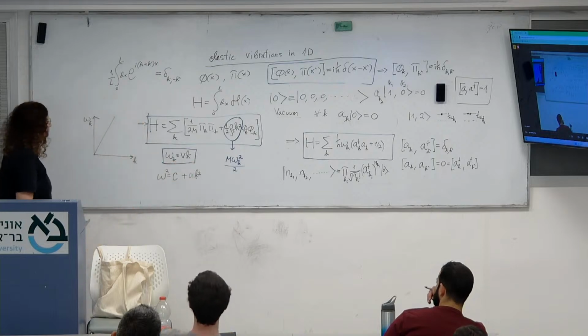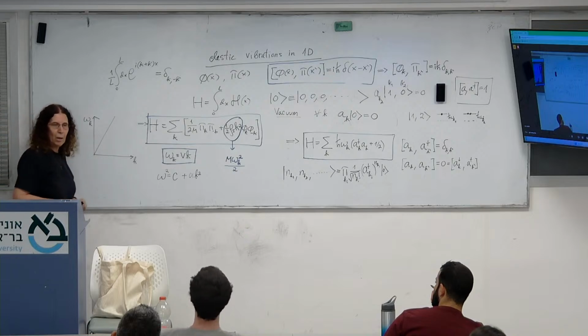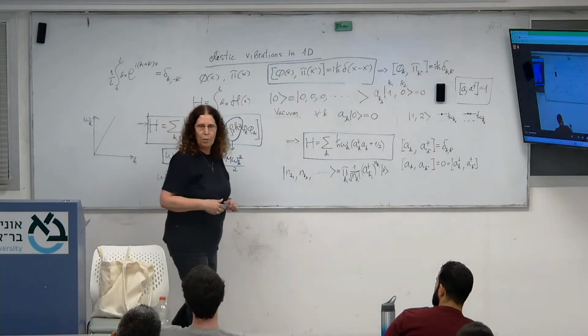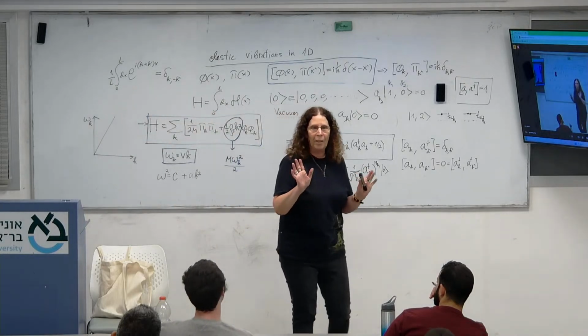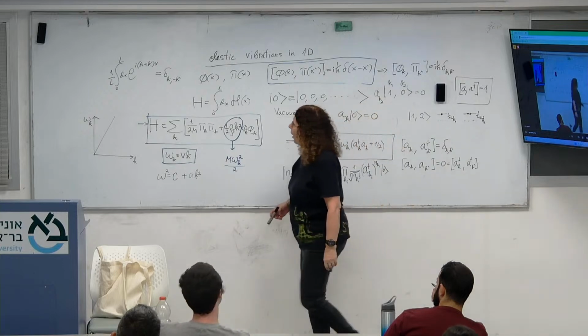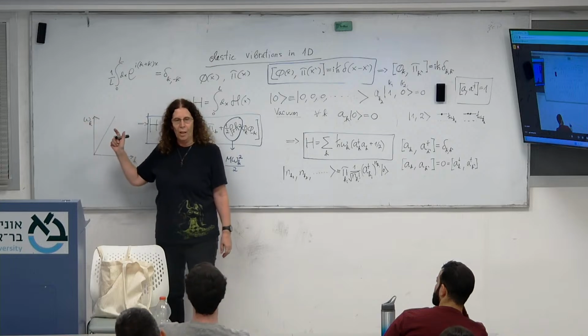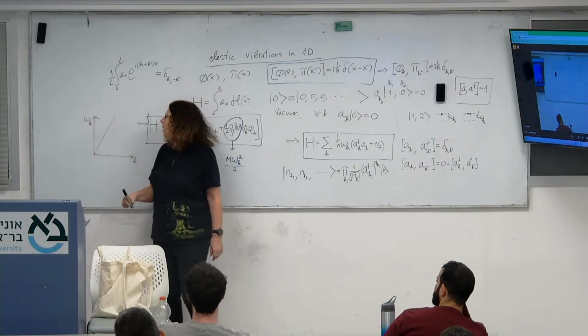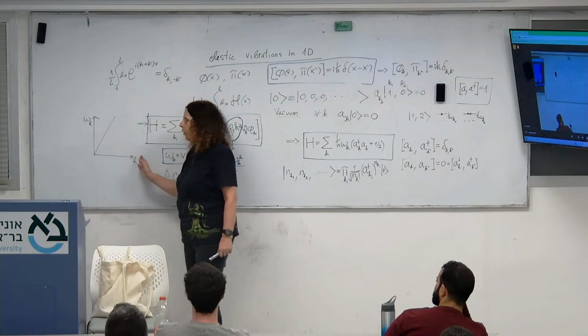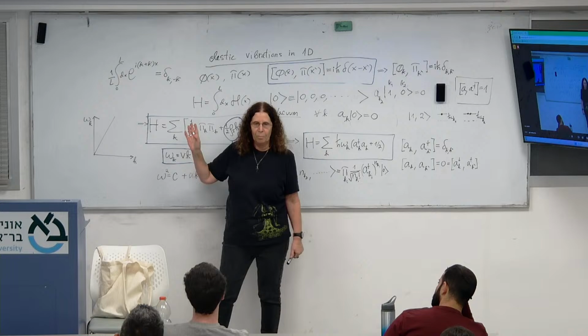But if we multiply both by h bar, just like in the problem of photons that you have already heard about, h bar omega is energy, h bar k is momentum, and the energy-momentum relation is linear, it's not quadratic.